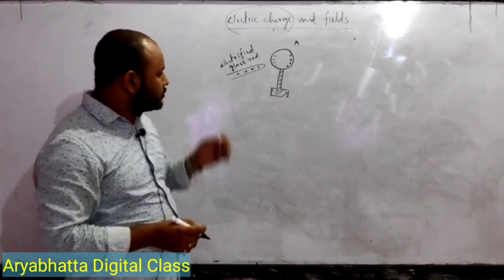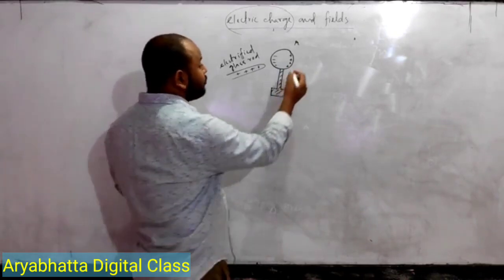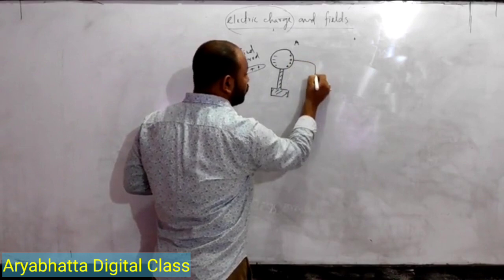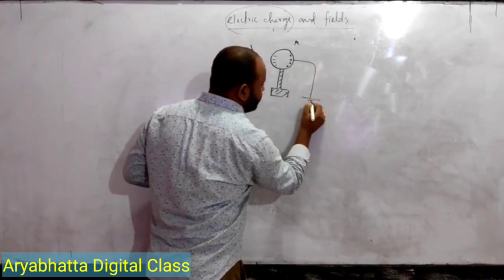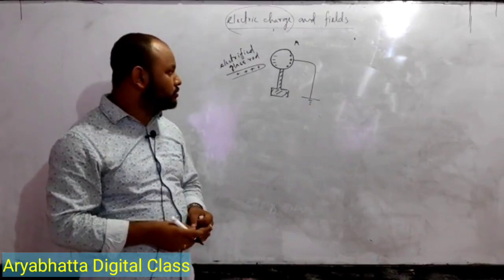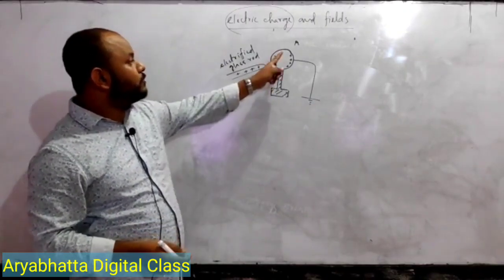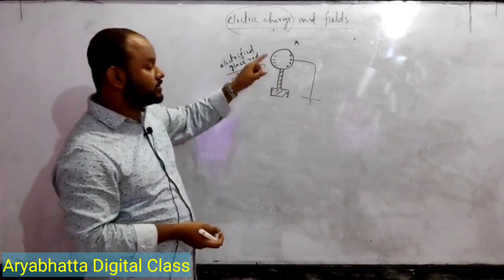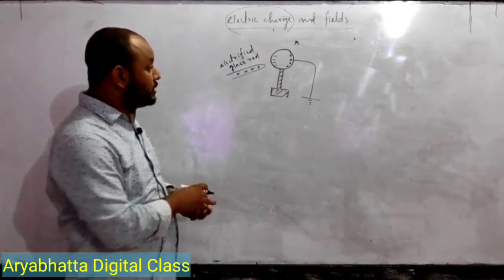Okay, suppose you connect this conducting ball with earth, earth means the source of charges. These are the positive charges and these positive charges are repelled by this positive charge. So what happens?